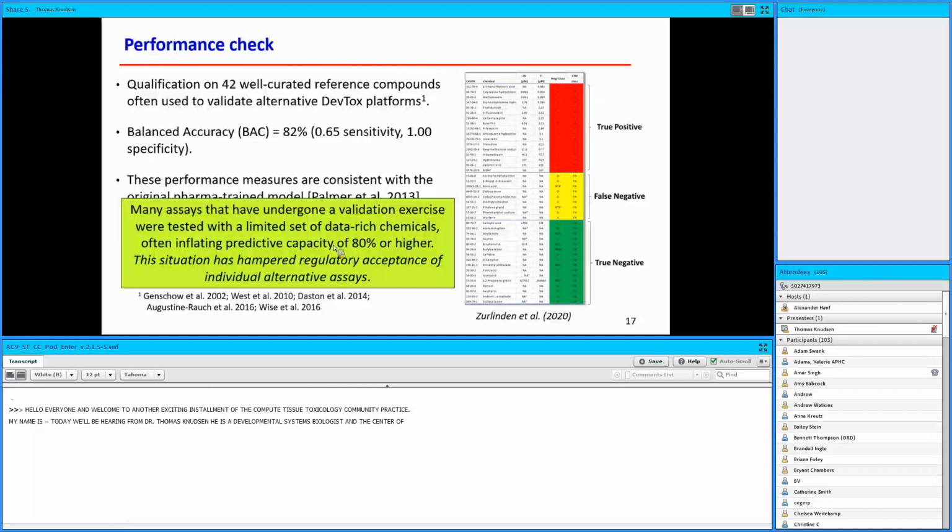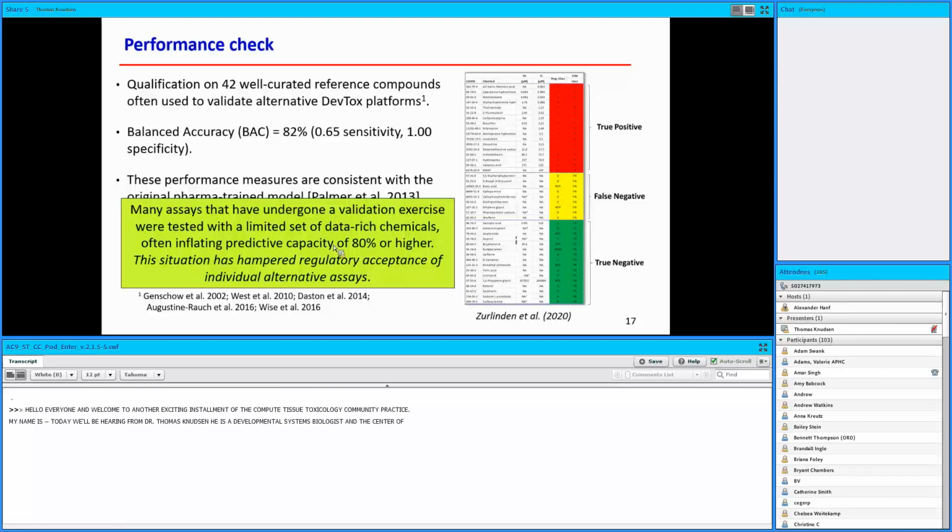And in fact, some of the particular sets that are trained with or evaluating pharmaceutical compounds, which have excellent data from in vivo effects, it appears that the performance of those assays is actually inflating the predictive capacity of that assay against a broader space of industrial chemicals or commercial products.